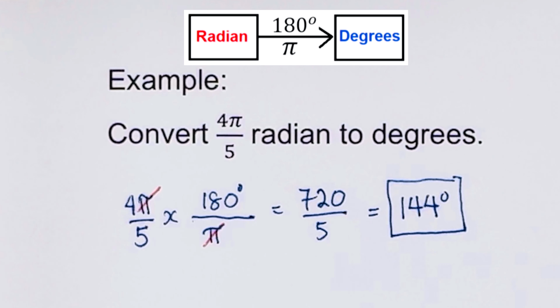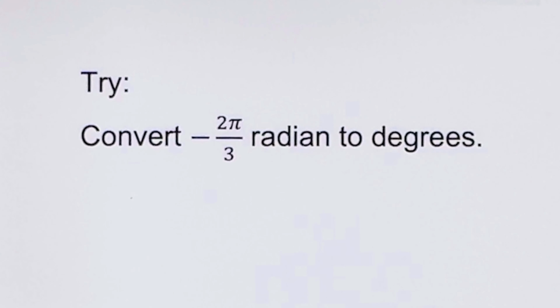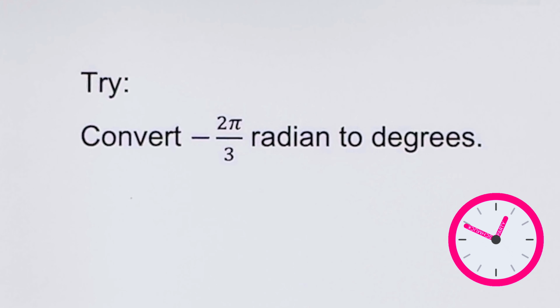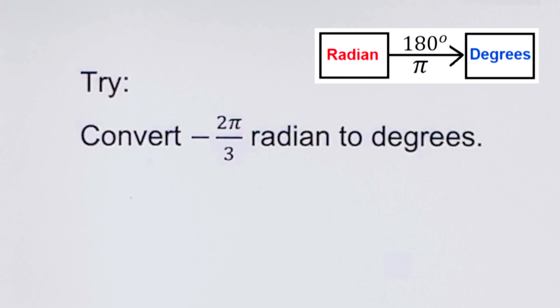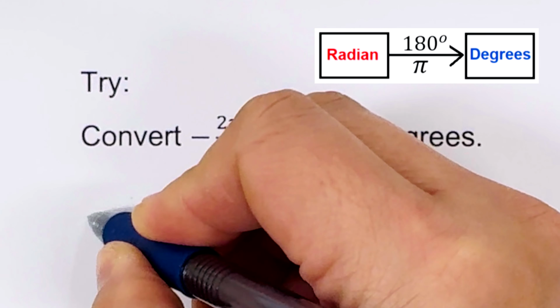So this is the equivalent degree version for 4 pi over 5. Now let's have another example. At this time, I would encourage you to pause this video and try this problem out on your own. And when you're done, unpause it and check your answer. Okay, so we go over this problem here. Again, this is an example of radian to degree conversion. I'm going to write this given number up here.